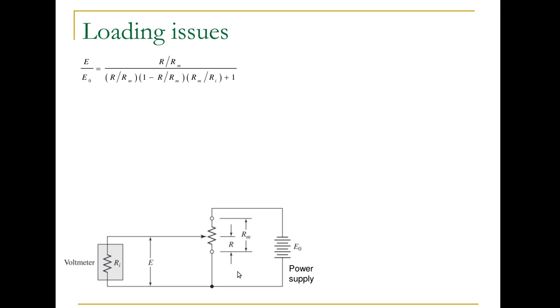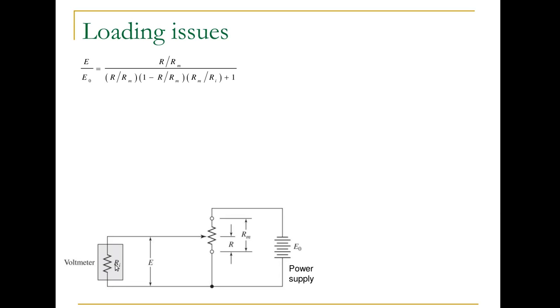Here is an example where we are using a voltage divider circuit to observe the change in resistance. This is a 3-terminal device where we have a changing resistance based on a physical quantity. And if we connect it to a power supply, then we can measure the voltage from the moving terminal and get a measurement for the physical quantity. Now, our voltmeter is going to have some resistance, Ri.